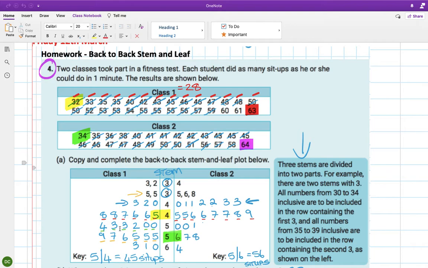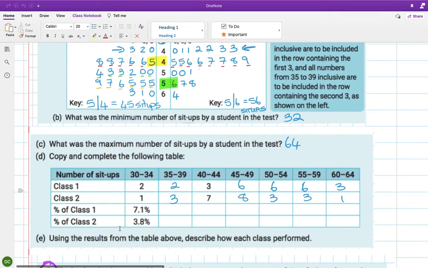Is this the same? 1, 2, 3, 4, 5, 6, 7, 8, 9, 10, 11, 12, 13 by 2. So that's 26 in class 2. Okay, so 28 in class 1, 26 in class 2. So I'm just going to write that 28 and 26.